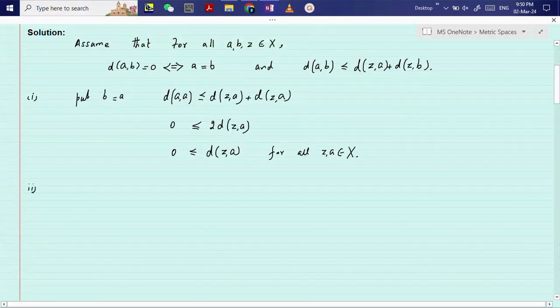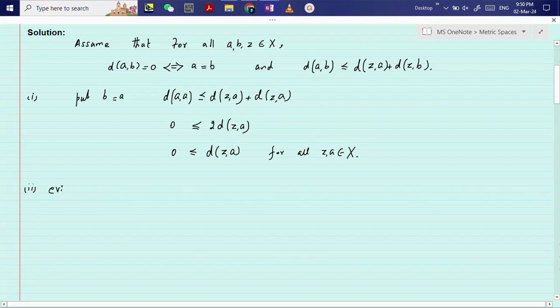The second one, we prove that D of AB is equal to 0 if and only if A is equal to B. This is the second property for a metric, and by using the assumption, this is evident, it is obvious that D of AB is equal to 0 if and only if A is equal to B. You can see here, the second property for a metric is evident.